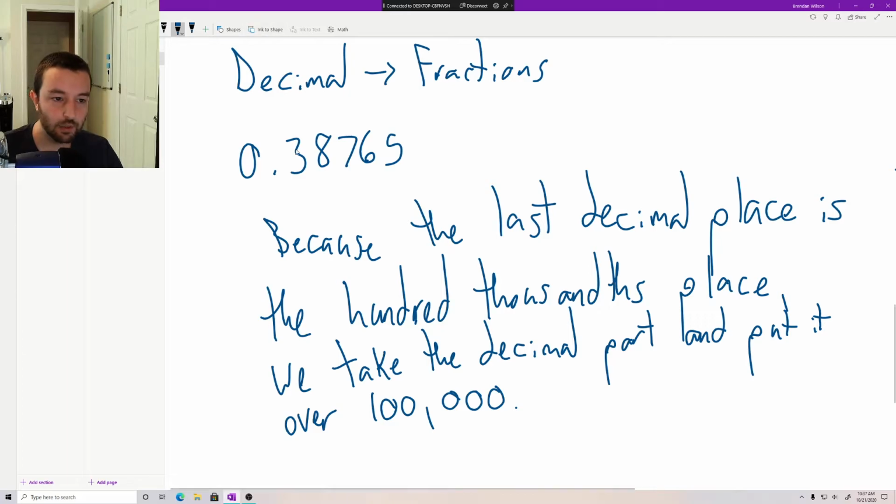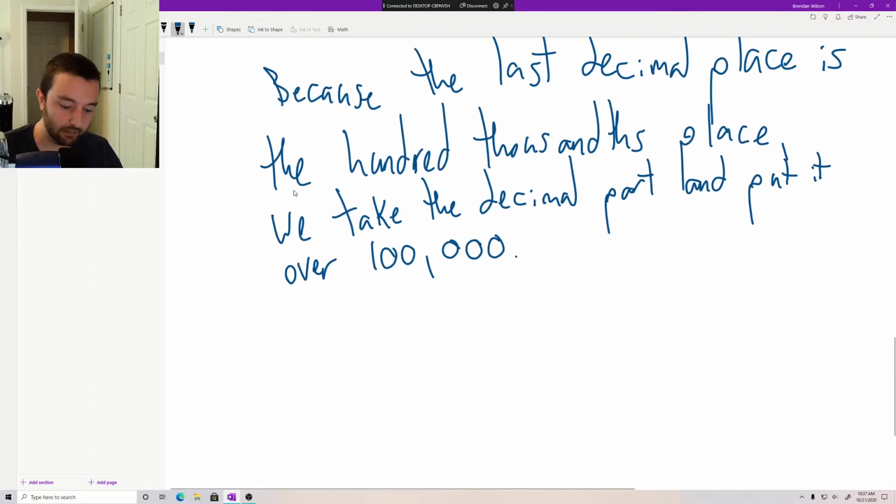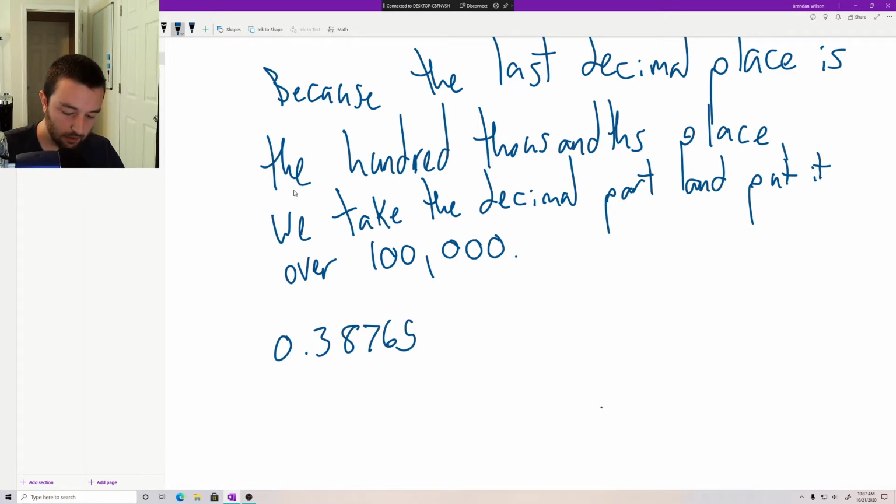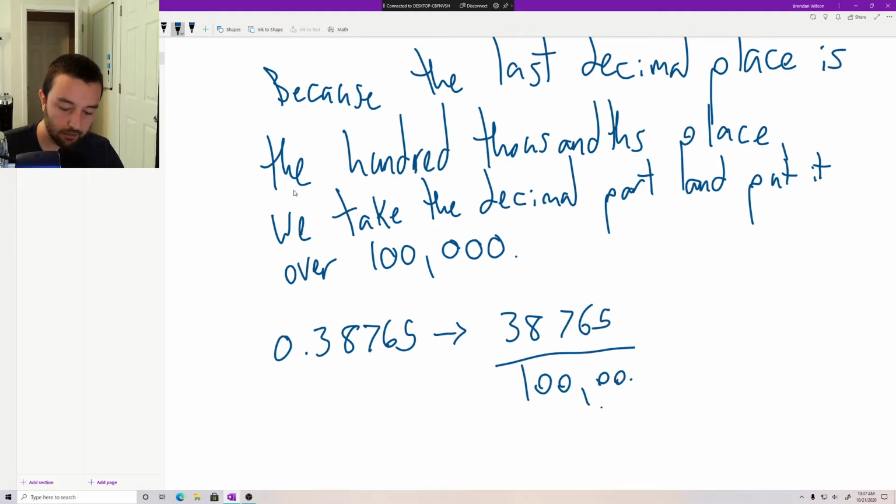Okay. So we take the 38765 and we put that part over. We don't have a whole number part here, so we don't have to worry about that. But we put this part over 100,000. Okay. And that's how you convert from decimal to fraction.